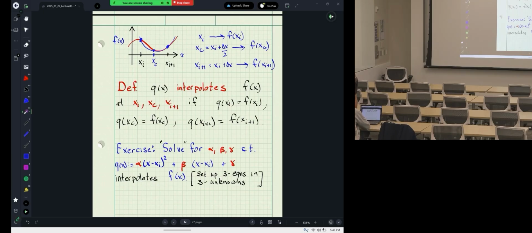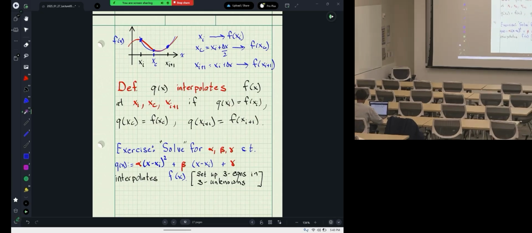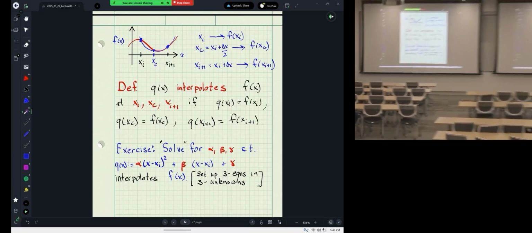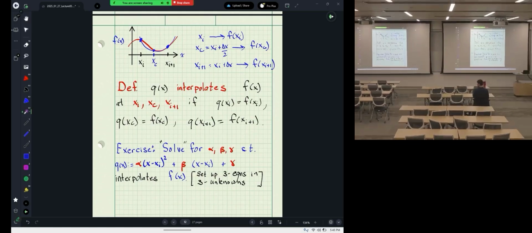Don't expand this out. Definitely not, or you'll drive yourself crazy. What do you get for gamma? Cool. Then when you plugged in xc into q, what did you get?